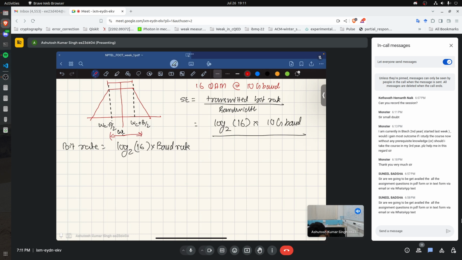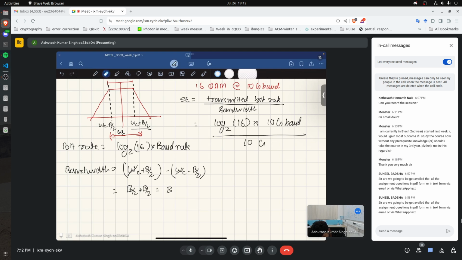Now the way to find this is omega c plus p by 2, I am subtracting this minus omega c minus p by 2 is equal to this, and this cancels away, and this becomes p by 2 plus p by 2, which is equal to p, and b in this case is 10 gigabaud, not gigawatt, gigahertz.